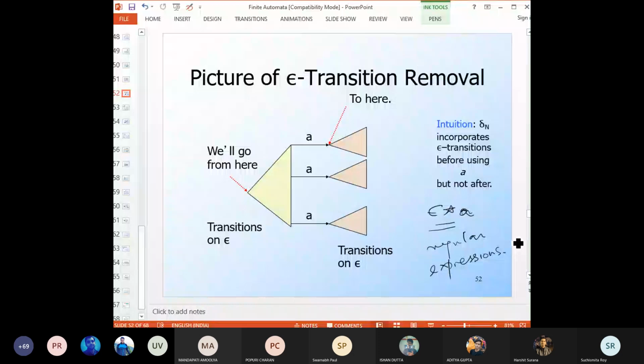In fact, Shubhrajit sir will be discussing it in the next class. It means there can be zero or more incidences of epsilon. So you can think of all these as epsilon paths ending in A. But usually we do not take the epsilons after A.